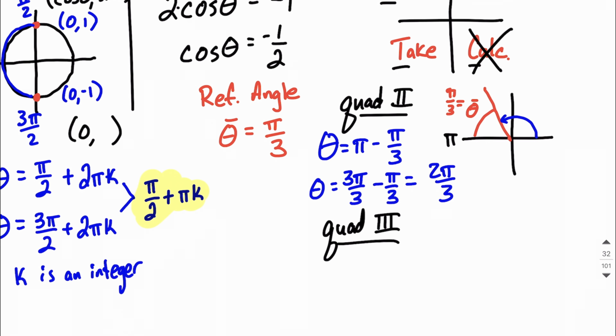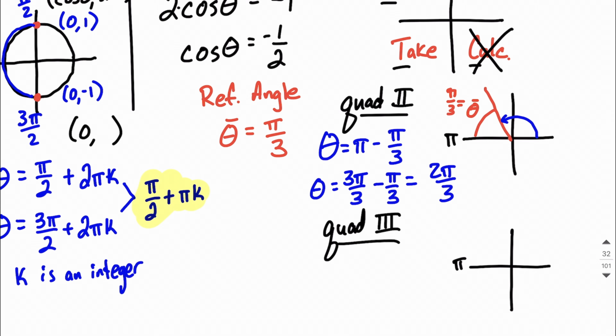And for the third quadrant, it's pretty similar, except we're going to start with pi, and reference angles are always drawn to the x-axis. So we're going to extend it further by theta bar, so theta bar past pi. And remember, the idea is you're trying to calculate the angle that wraps all the way around from 0, as radian measure, into the third quadrant.